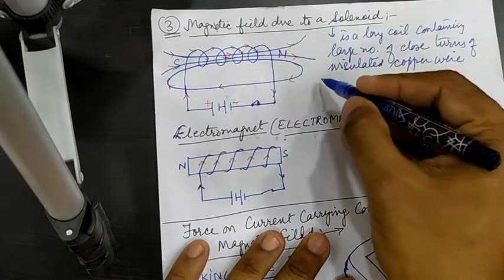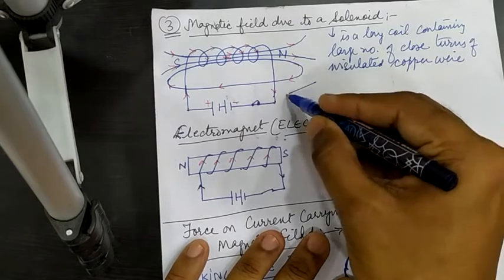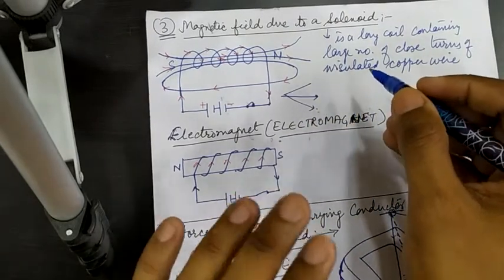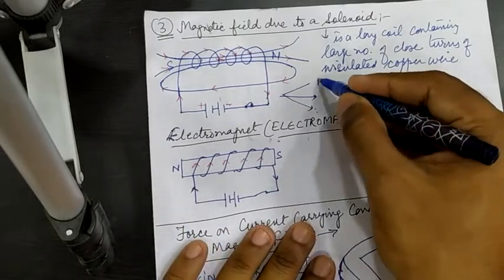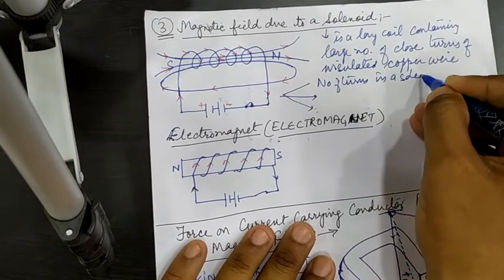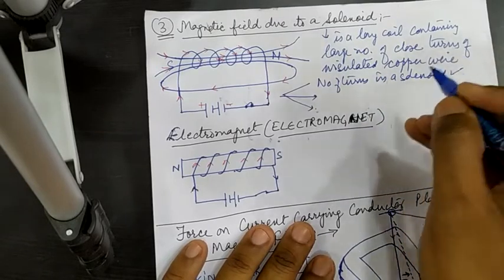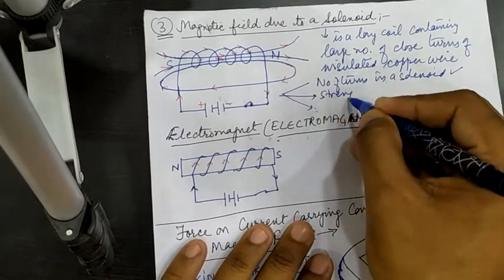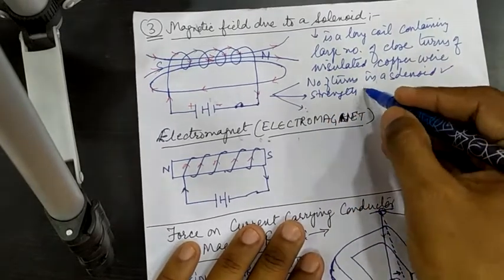Here a very important concept is the strength of this solenoid. The magnetic field produced by this solenoid depends on the number of turns in the solenoid. Very important: the more the turns, the more the magnetism produced. Secondly, the magnetism produced depends on the strength of current.